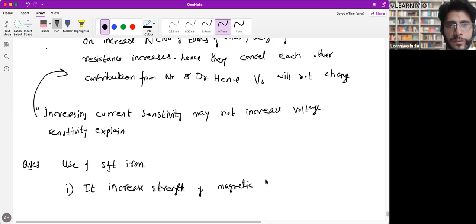It increases the strength of magnetic field. That's the first use. The second use is it makes the magnetic field radial. What do you mean by radial magnetic field? Does anyone remember the meaning of the word radial?